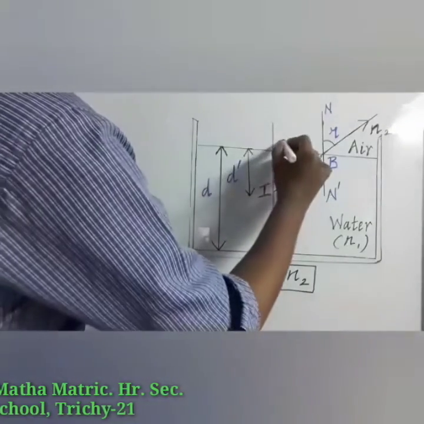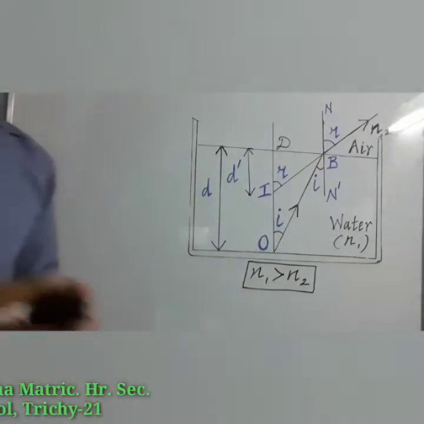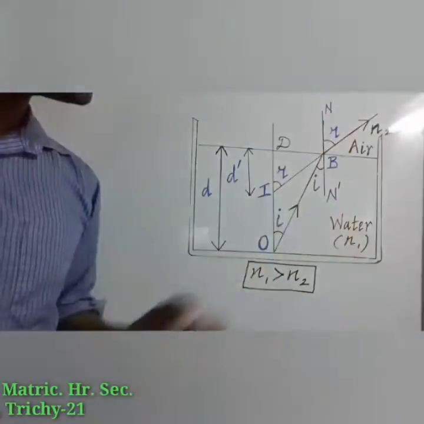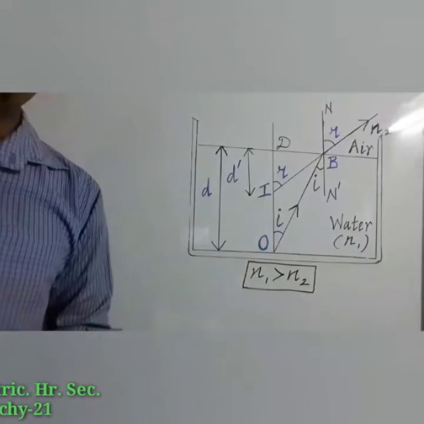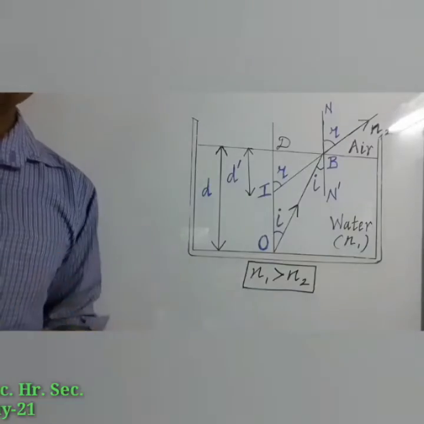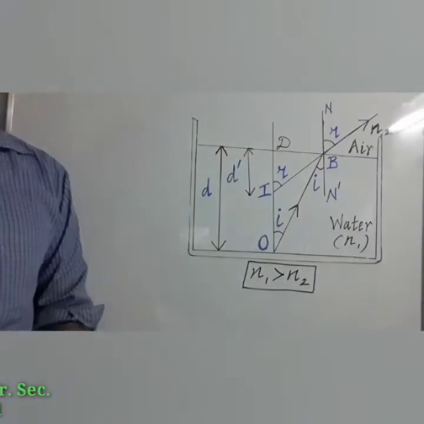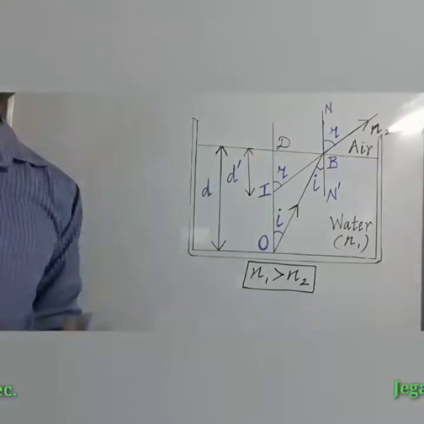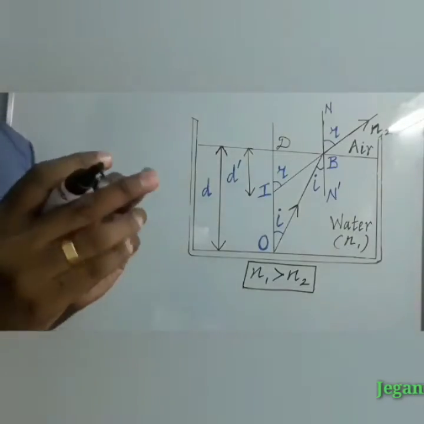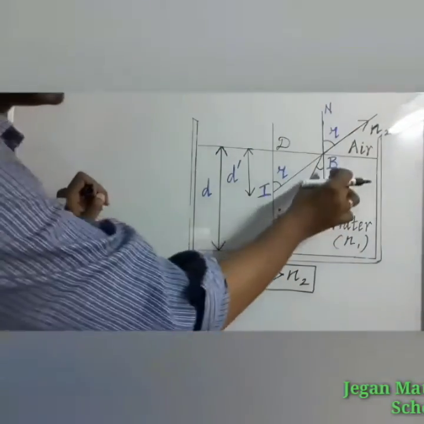For this point, we can give the letter D. In this diagram, the line N dash and the line DO are both parallel to each other. And the angles I and R are very small, as the diverging light from O entering our eyes is very narrow. Here I have explained the angle of incidence and angle of refraction in this part.